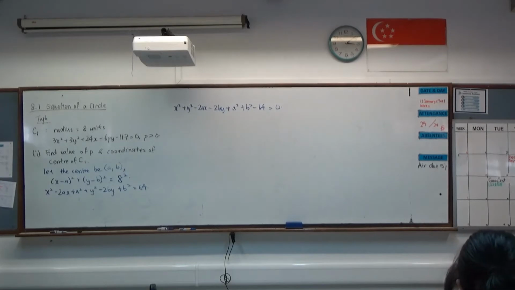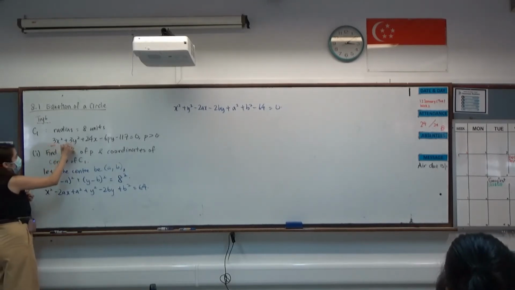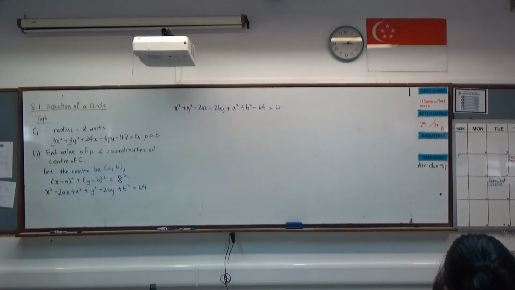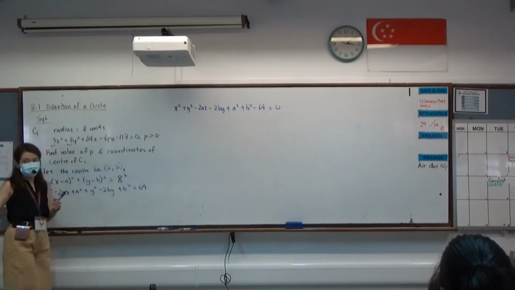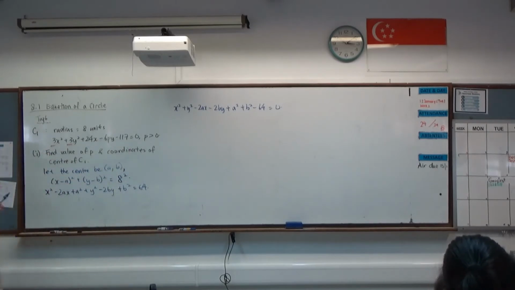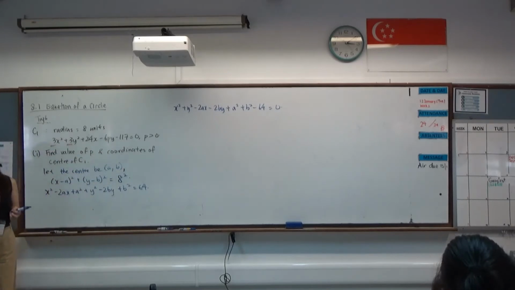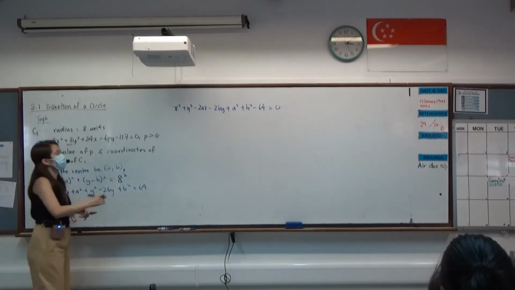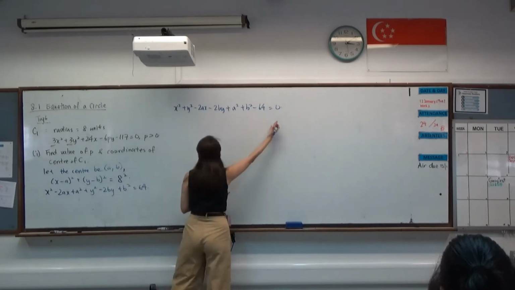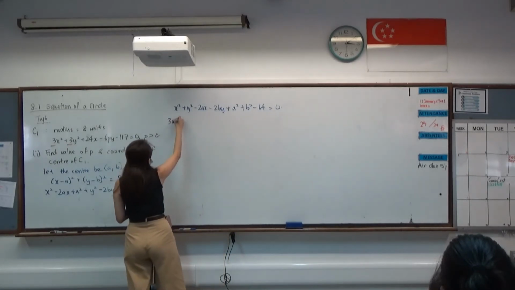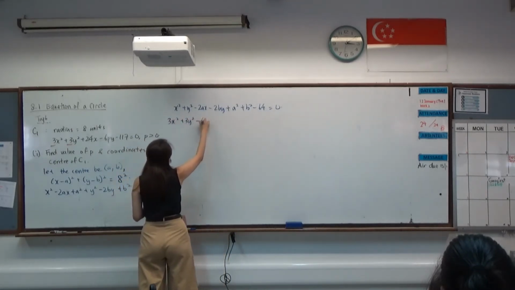So there are 2 ways that you can handle this situation, whereby your coefficient of x squared and y squared is not 1. One way is that you divide throughout this whole equation by 3. Okay? And when you divide, you must divide every single term and number. Alright? Otherwise, you can multiply by 3 across everything over here. Okay? So up to your preference.